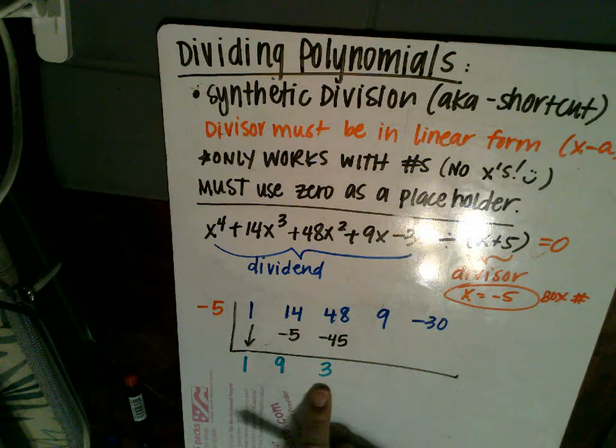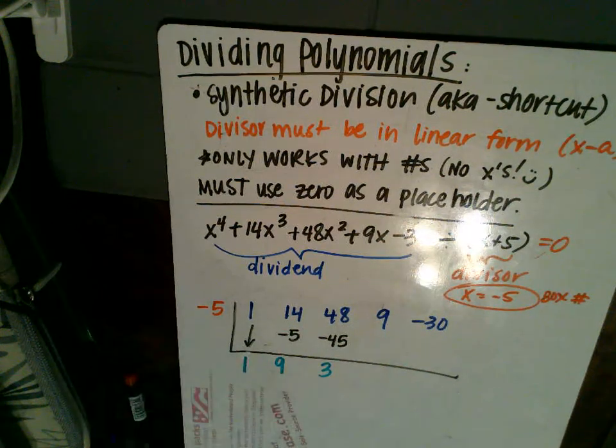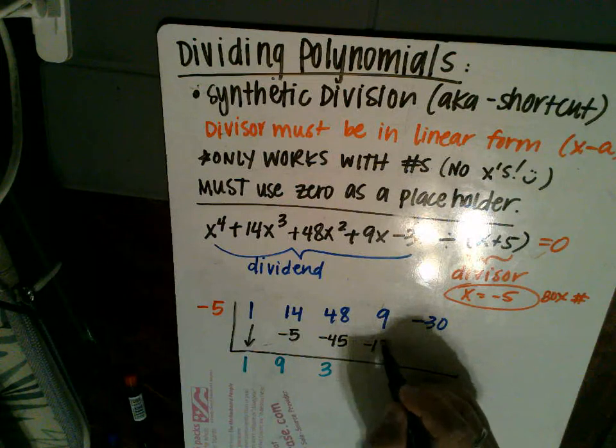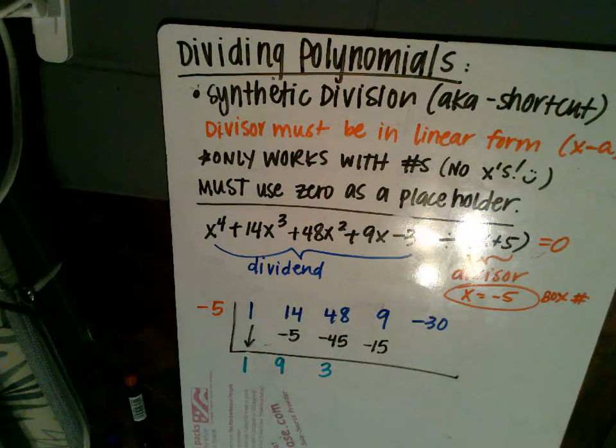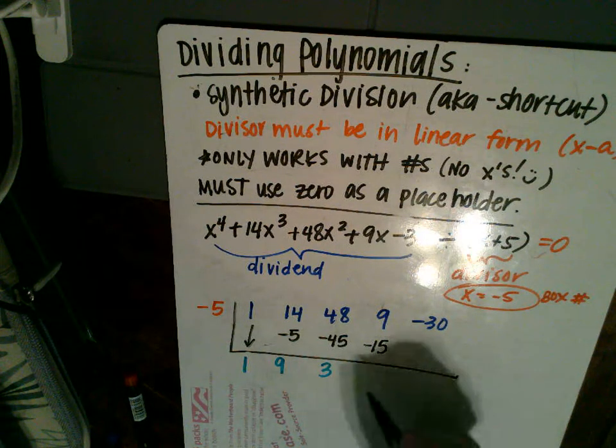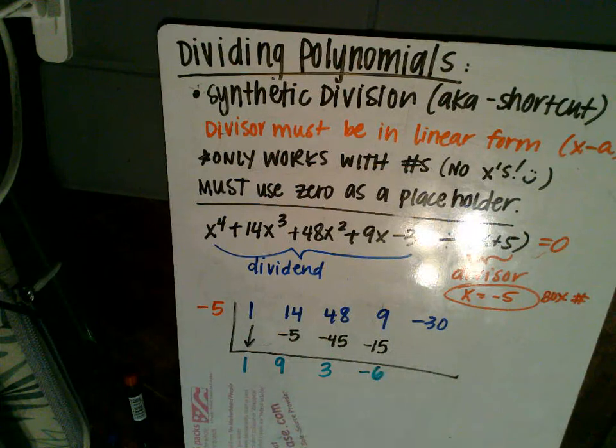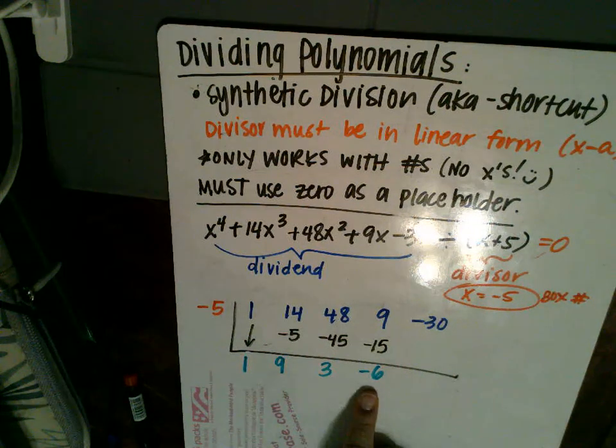Start over. 3 times negative 5 is negative 15. Add vertically. 9 minus 15 is negative 6. Whatever ends up in this line starts over.